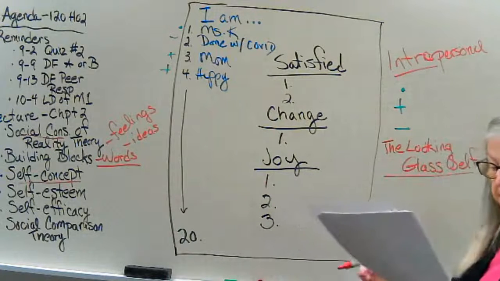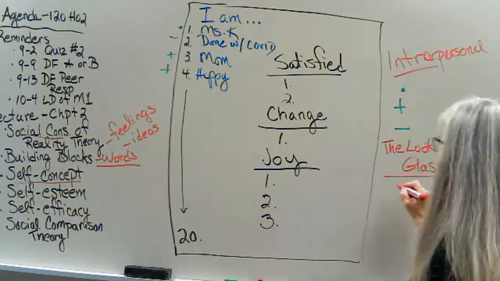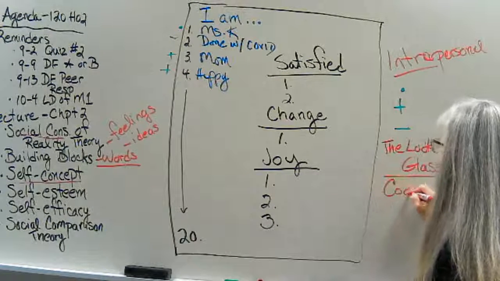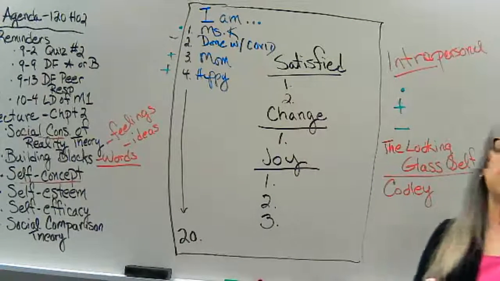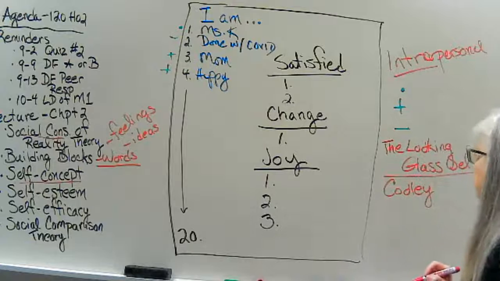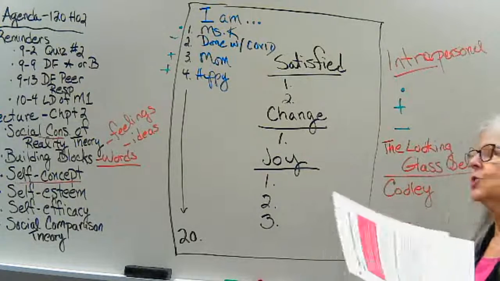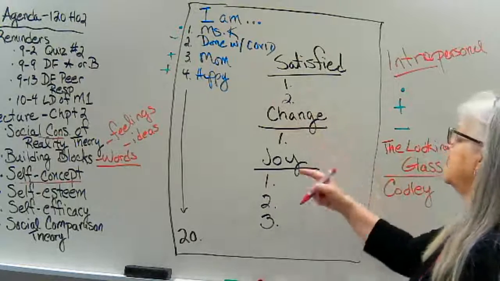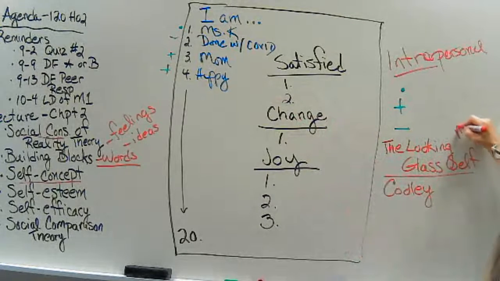And way back in, I think it was 1902, this was a theory put forward by a researcher named Cooley, a sociologist, all right? Sociologist, psychologist. So that's a connection where he started to see how all of these things connect to a mirror.